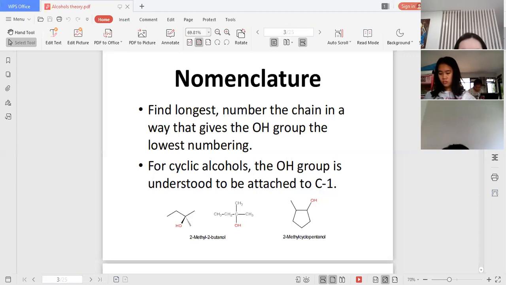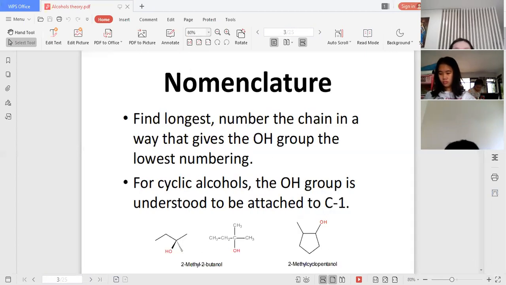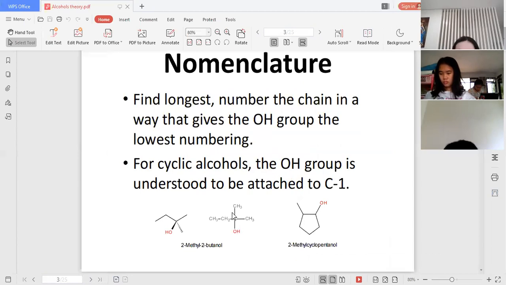So for example, in this structure, as you can see on your screen, there are four carbon atoms as the main carbon chain. And this CH3 is called the substituent.